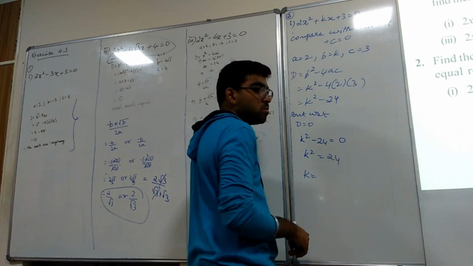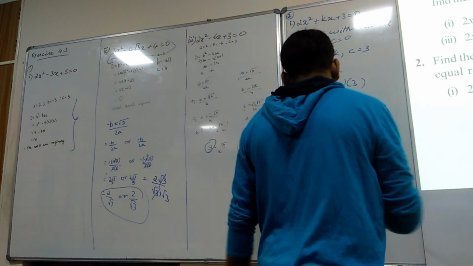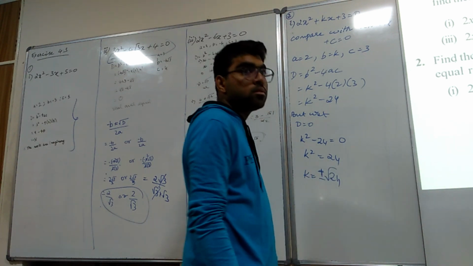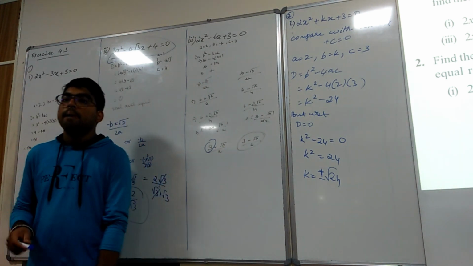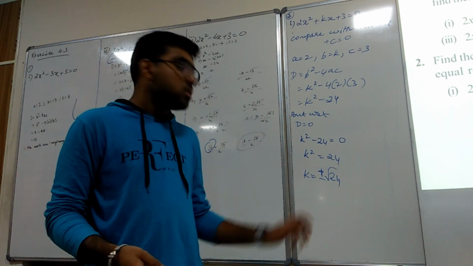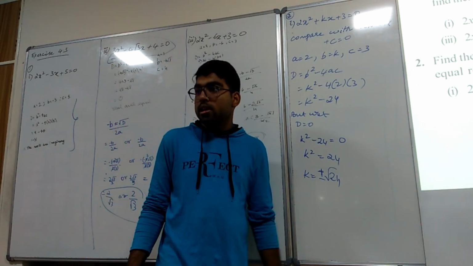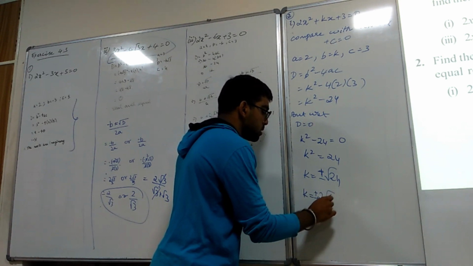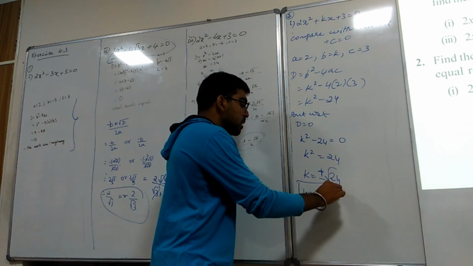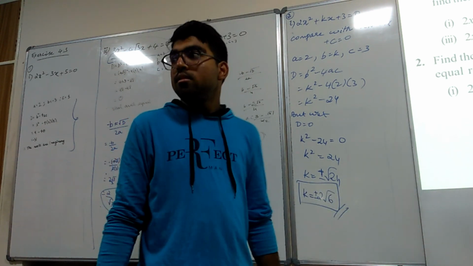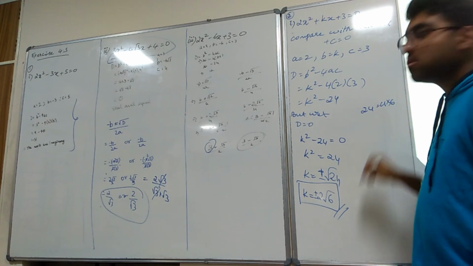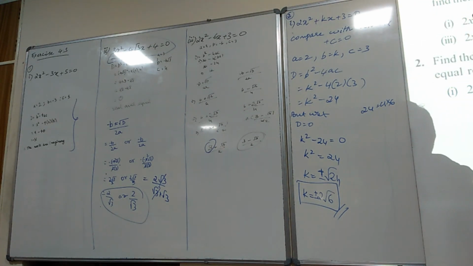k is equal to plus or minus root 24. 24 can be written as 4 into 6, or 2 into 12.